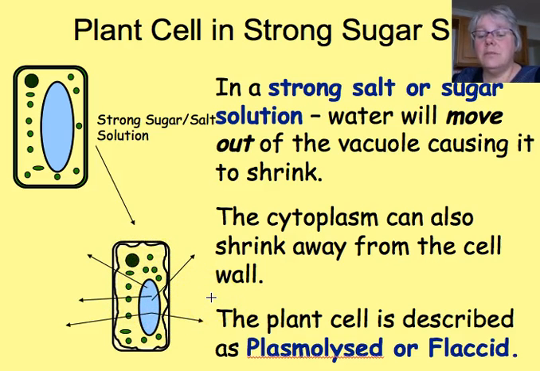And there's a term that we use for this. The plant cell is either described as being plasmolysed, that's this word here, or flaccid. You can use either of these terms. So that's our plant cells in a strong sugar solution, or in pure water.